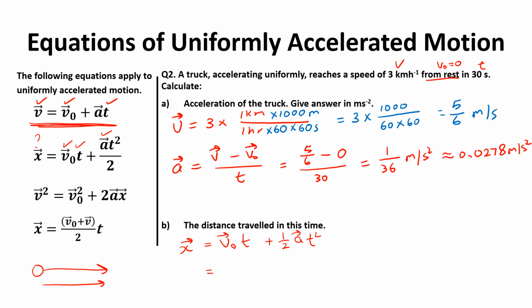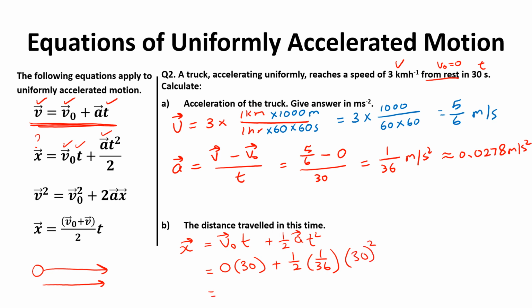Alright, so what is the initial velocity? The initial velocity is equal to 0. So you have 0 times 30, which is 0, plus a half times the acceleration. I will just write it as a fraction in exact form. 1 over 36 is the value of acceleration times t squared, so times 30 squared.